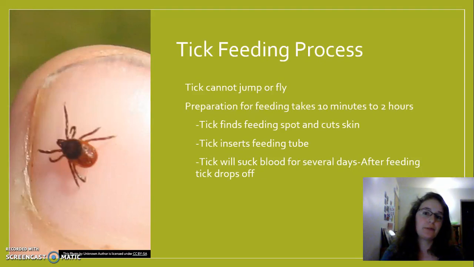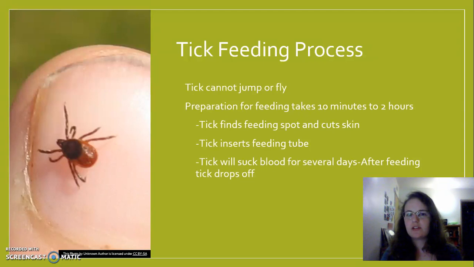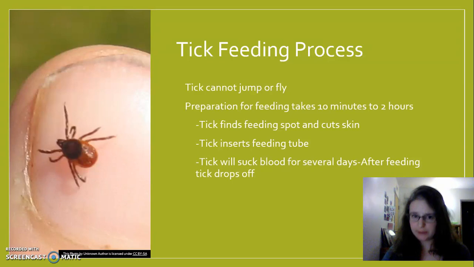So it could be an animal's fur, it could be a human's clothing, and then from there they will crawl up the body to find a perfect place to feed, which is normally some place that's warm and dark where they won't be bothered. And the start of the feeding process can take anywhere from 10 minutes to 2 hours, and they can suck blood for several days, and after they feed they do drop off. However, I'll go into that more later.